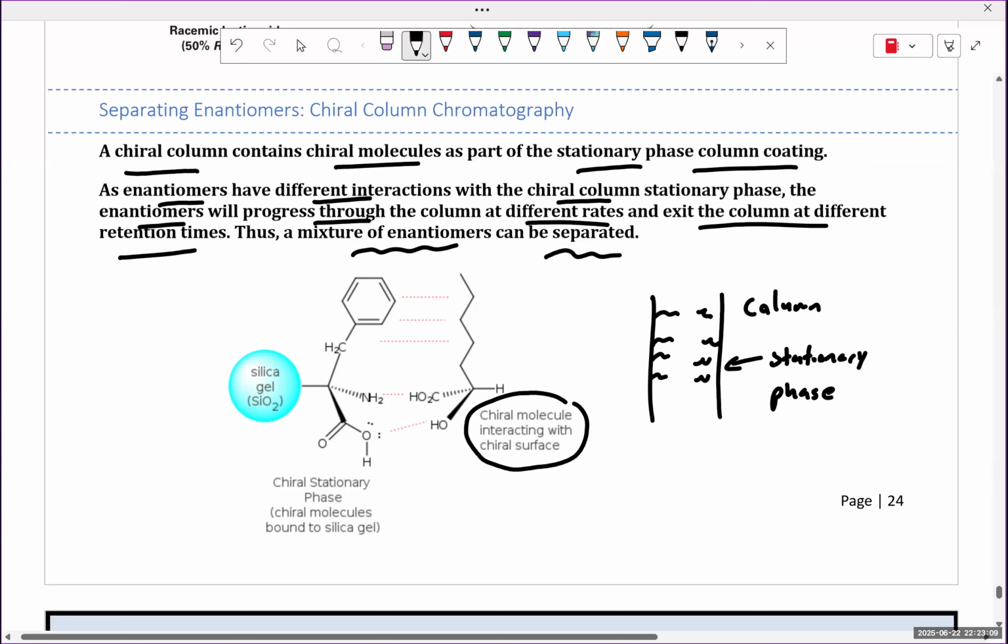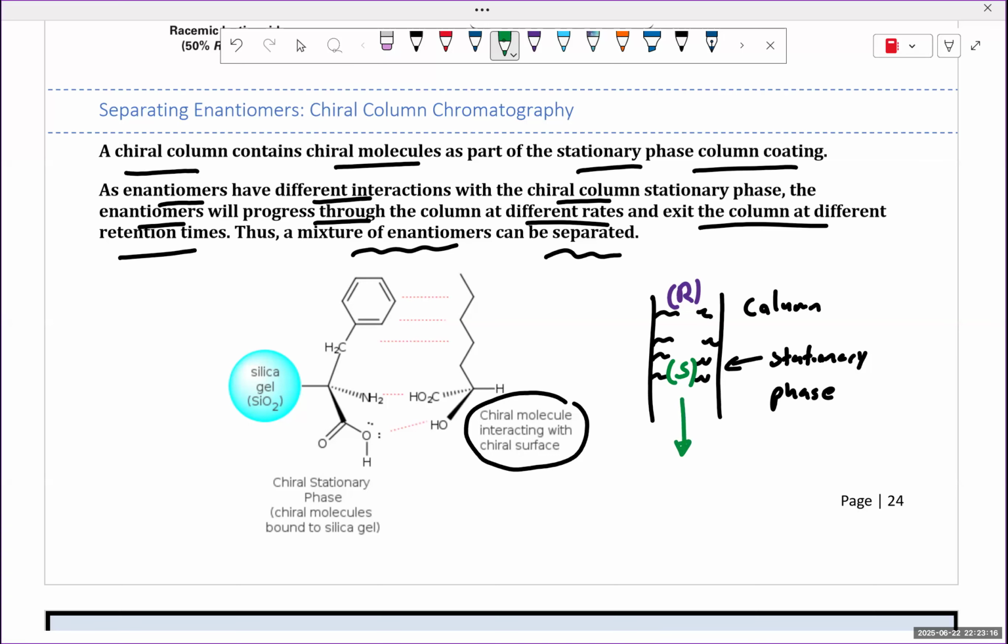And as such, if you have, for example, an R and S enantiomer, they will progress through the column at different rates because they interact with your chiral stationary phase to different degrees based on whether they're one enantiomer or the other.